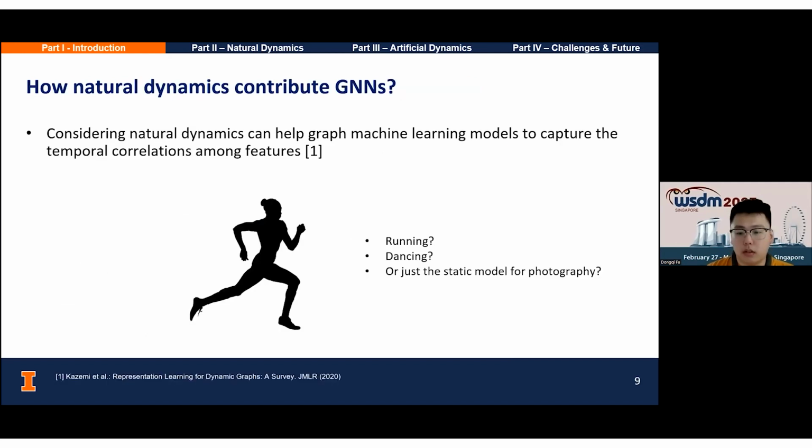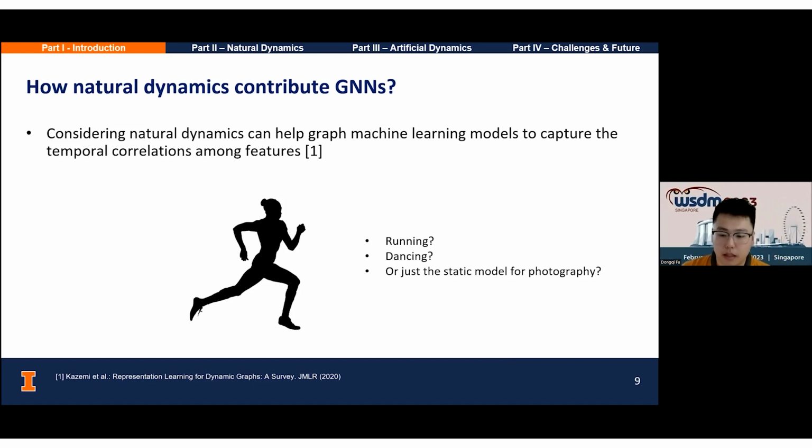After we introduce the definition of natural and artificial dynamics, you may ask why we should care about them in our graph-based research. First, let's see how natural dynamics contribute to graph neural networks. To be brief, considering the natural dynamics can help graph machine learning models capture the temporal correlations among the features.